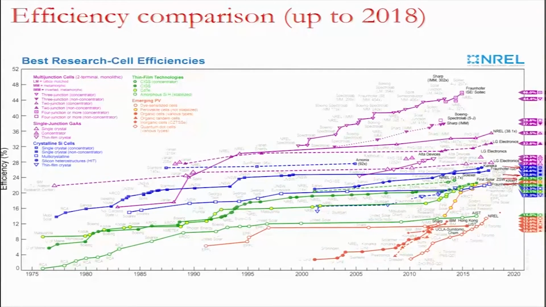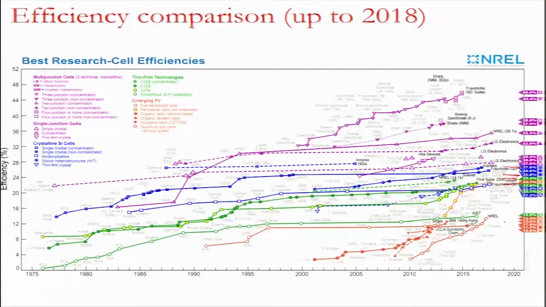And the emerging PV is the third gen technologies, and that is where we have perovskite leading the chart at 22.7. Right now it's more than 23% as we speak today, the world record. And then we have quantum dot at 13.4.